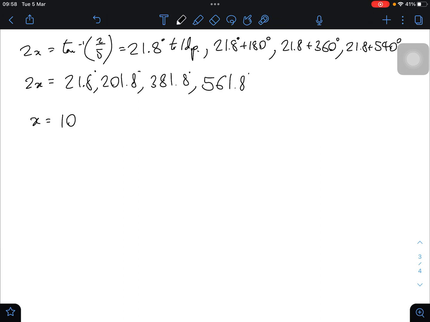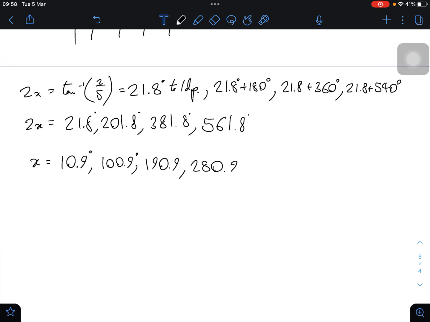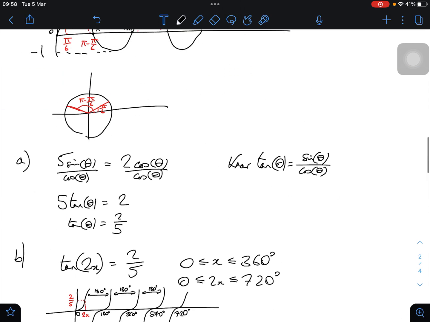So I'd get 10.9, 100.9, 190.9. I should be doing this in my head, really. I'm getting lazy. And then 280.9. And so those are all of our solutions between 0 and 360. There are 4 of them. That was quite a hefty question.